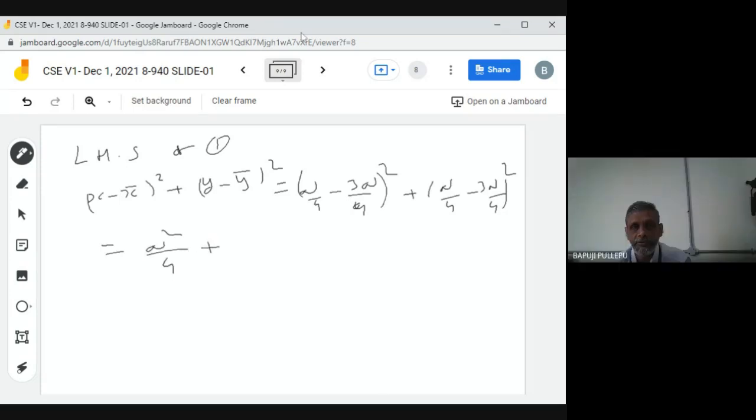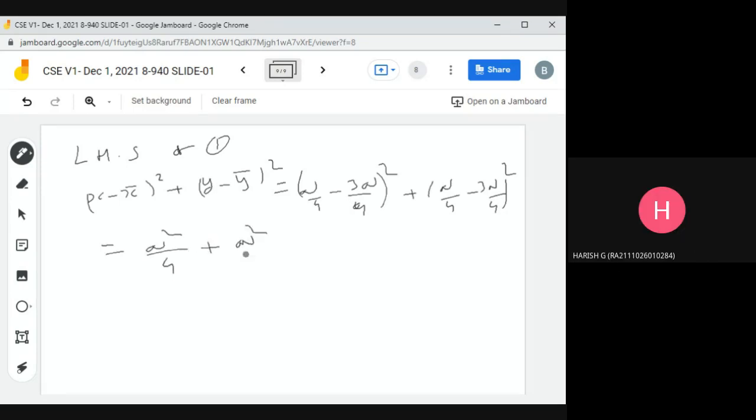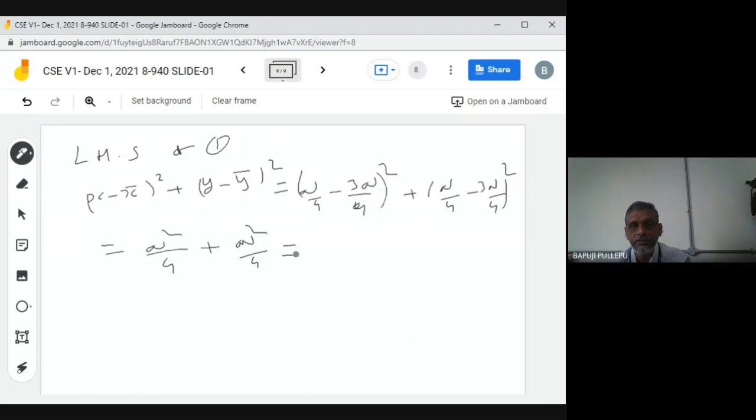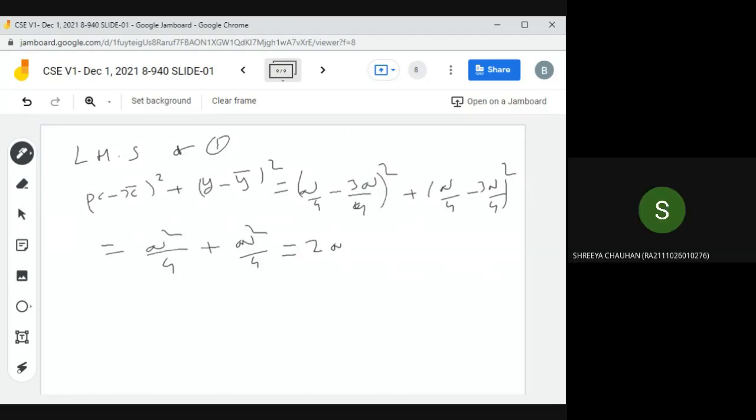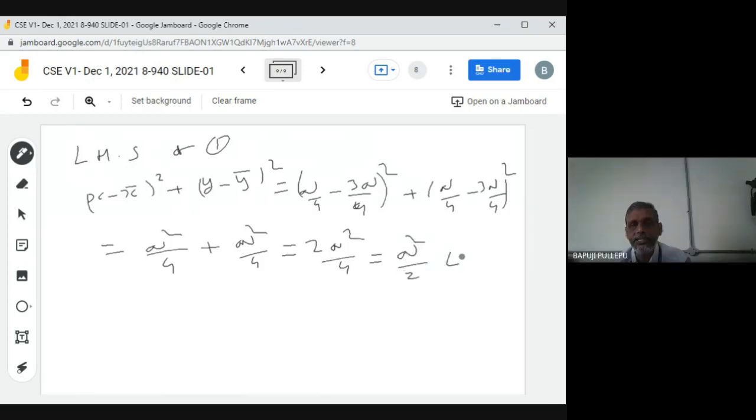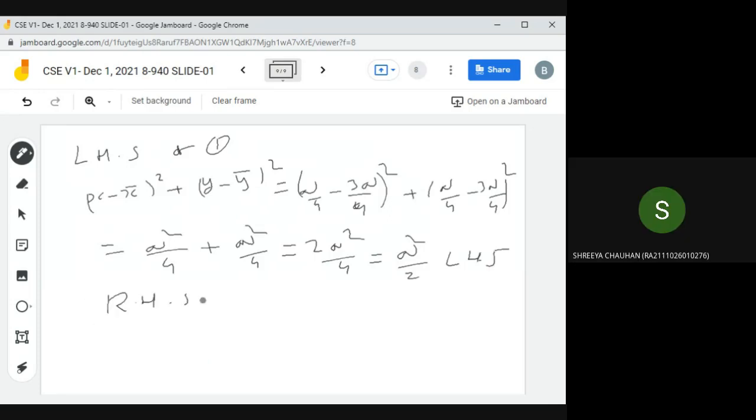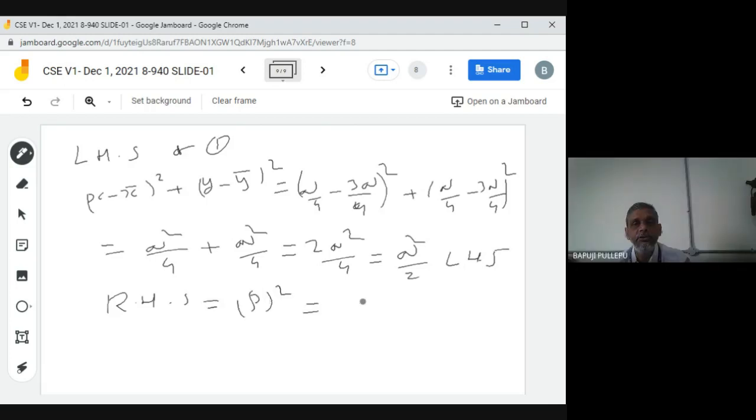A square by 4 plus a square by 4, this is equal to what? A square by 2. This is LHS, equal to rho square on RHS. Who is my RHS? Rho square. Who is my rho?